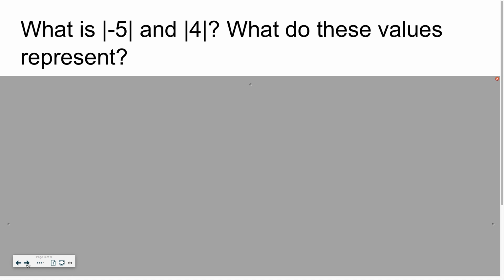Measure distance, right? So these are measuring a distance, 5 and 4. What are we measuring the distance from? 0. Okay, you got halfway there. So anytime we talk about an absolute value, we are talking about the distance from 0.